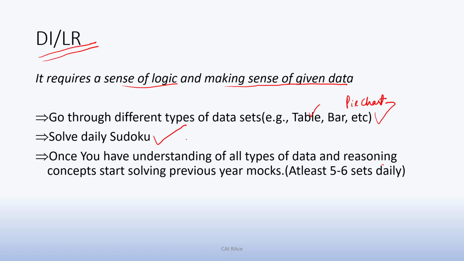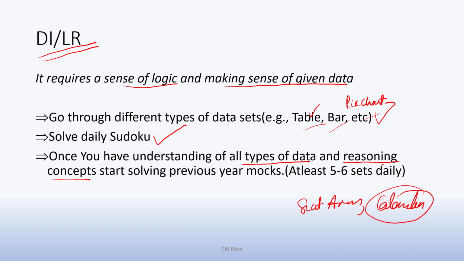And the other thing is that once you have knowledge of different types of data, like table, bar and pie chart, you must know all the reasoning concepts, like seating arrangement concept, arrangement and seating arrangement, and calendar concept. But I don't think calendar comes in CAT, though it does in other MBA examinations. Once you understand these concepts, then you solve basic questions.